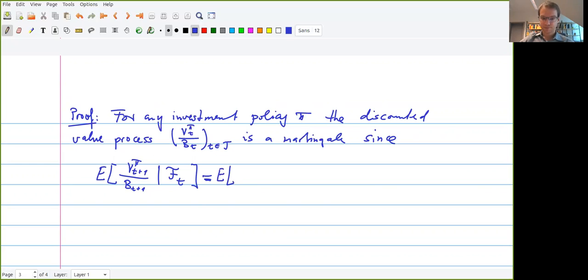So let's do this. If I use my recursion formula, the value process at time t plus 1 is given by the value process at time t plus, well, my decision rule depends on the capital I have at time t.